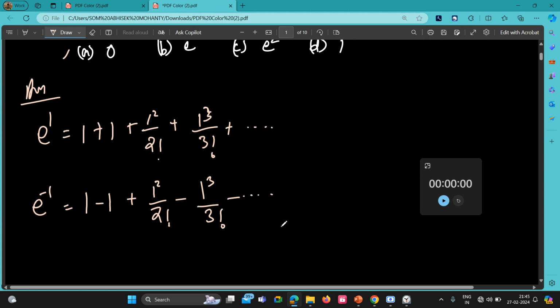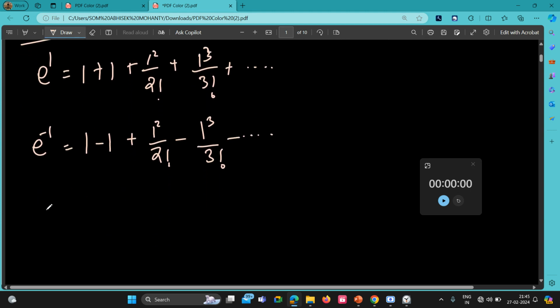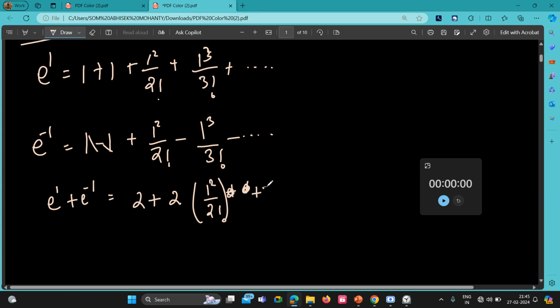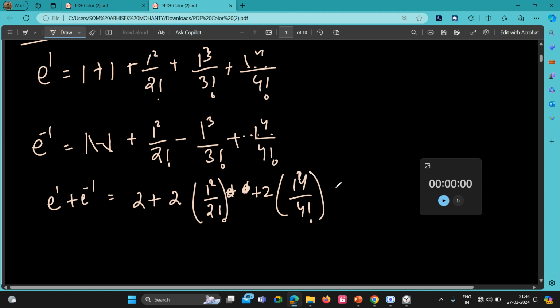If I add them, e to the 1 plus e to the minus 1, these two are cancelled. This will be 2 plus 2 whole into 1 square by 2 factorial, and the odd terms will be cancelled. Plus 2 whole into 1 to the fourth by 4 factorial, because the next term will be 1 to the fourth by 4 factorial here and also here.